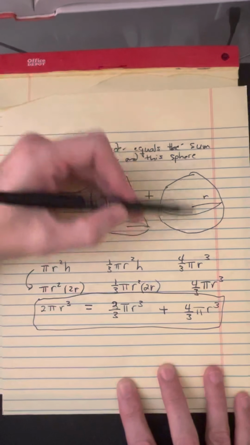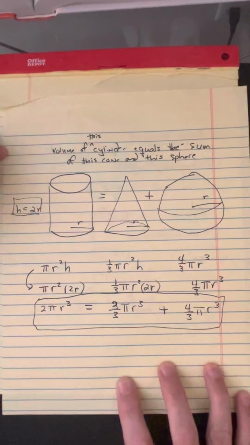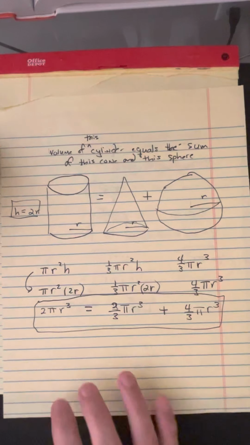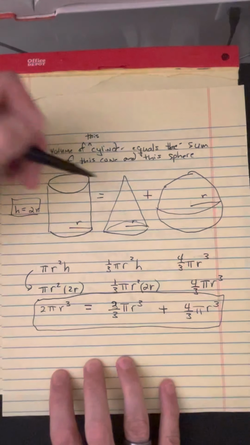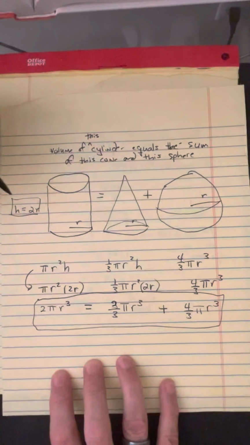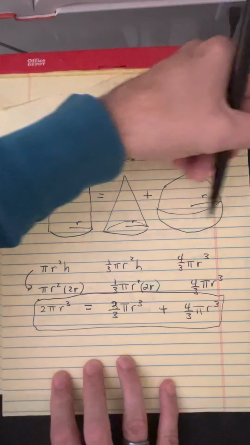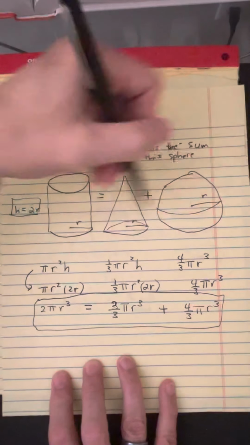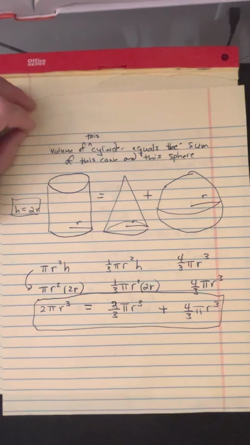It's very specific that here the height has to be twice the radius. So that's a really cool relationship. And this is also one where, if you have a cone and a cylinder and a sphere, usually you just have half of a sphere. But if you have two half spheres, you can demonstrate this by pouring them in, like with containers, if you have the right shapes.